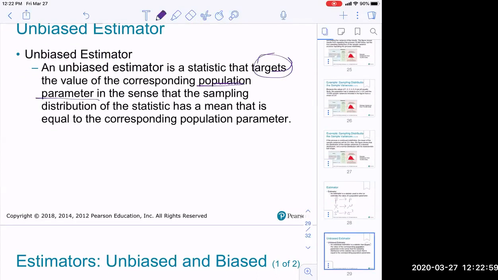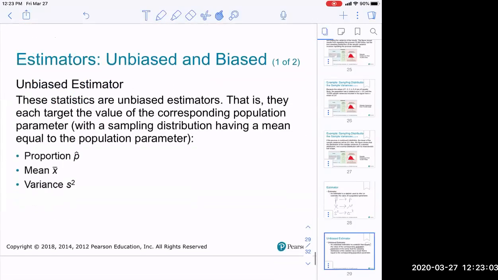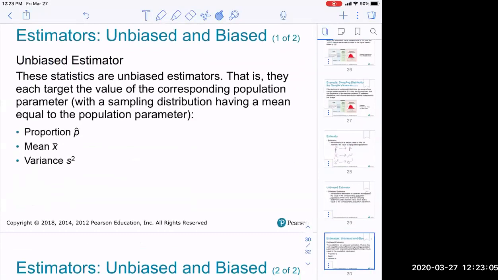And to finish off, here's some unbiased estimators. So they target the corresponding population parameter, just like I showed up there. Again, this targets p, this targets mu, and that targets sigma squared.